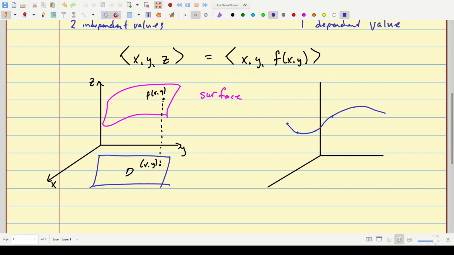Most of the time, we can't do more than 3 in a way that's easy to understand. Since this curve is parameterized by 1 variable, that makes it a little bit easier. But in general, if the number of dimensions of the domain and codomain add up to be some number larger than 3, we have to do something else, right?